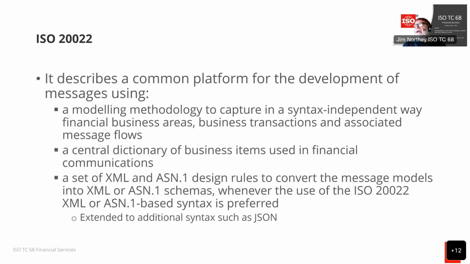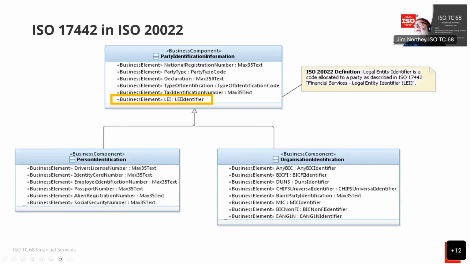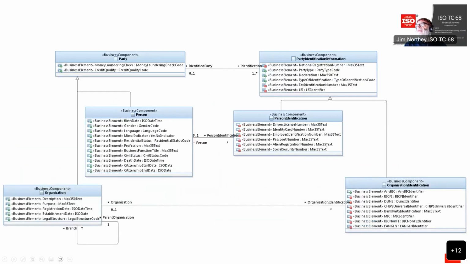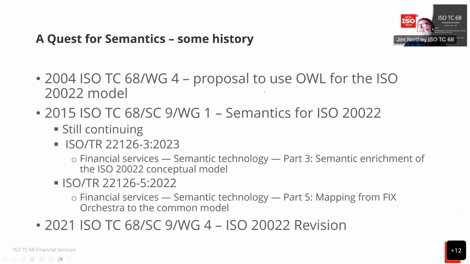At its basic, the usable output is the XML and ASN.1. We've since extended that to JSON and APIs, which is important. And very similar to what other groups have presented, and I want to move through this fairly quickly because you can go look at this for yourself, we have this notion of business components, and those business components then map onto other business components, and then they map into messaging.